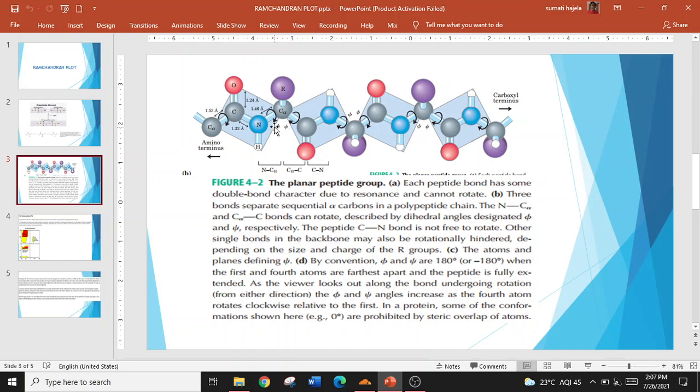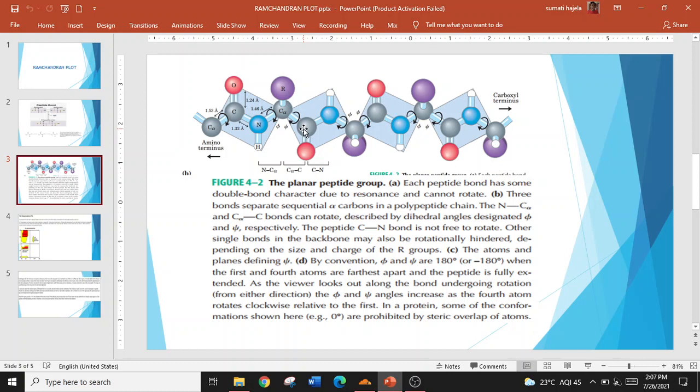Phi is for N-C alpha and psi is for C alpha-C. The freedom of rotation on each side of the peptide unit is equally important because it allows proteins to fold in many different ways.